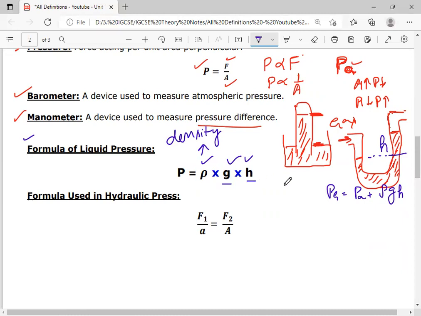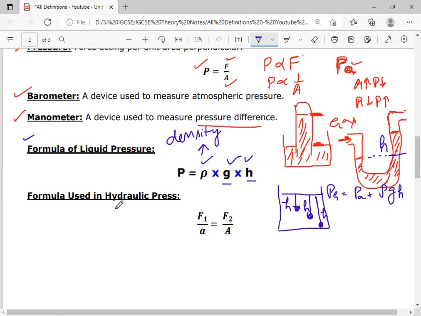It is not the height, it is the depth, like this. It will always be measured from the top surface to the point where we have to calculate the pressure. So this will be called depth, and it is represented by h. So the formula of liquid pressure is P is equal to rho g h. Never ever read it like P is equal to P g h. No, P is equal to rho g h.